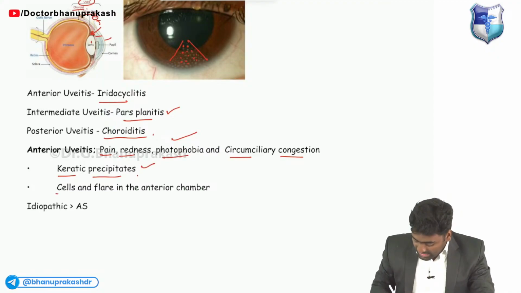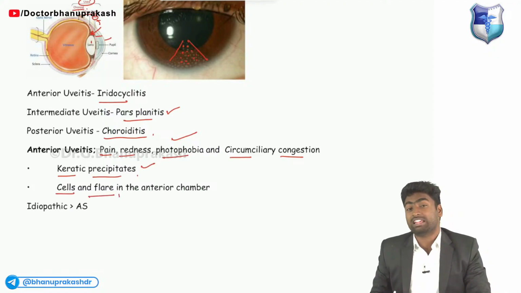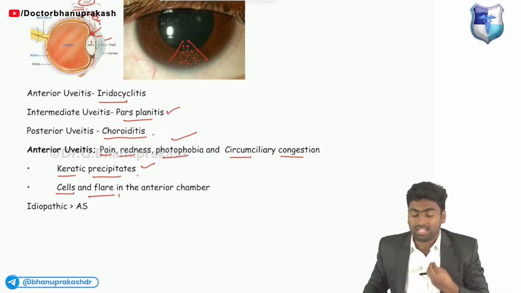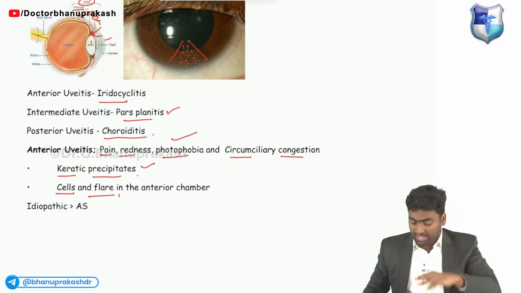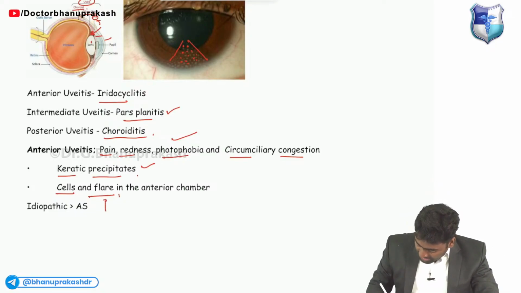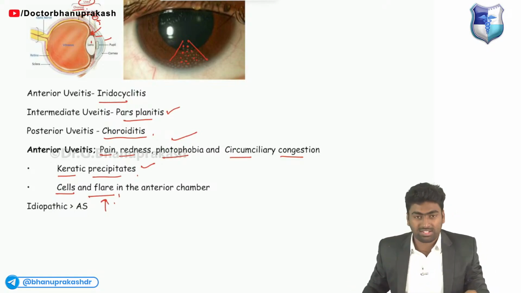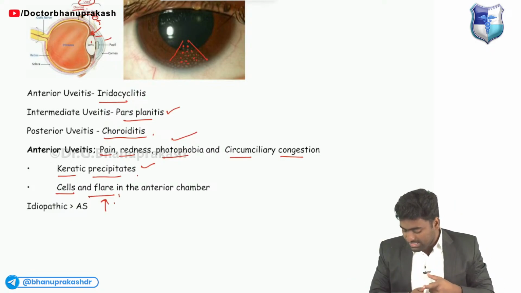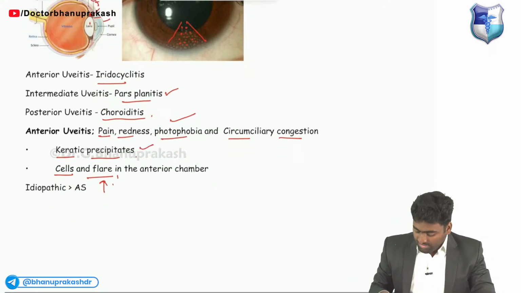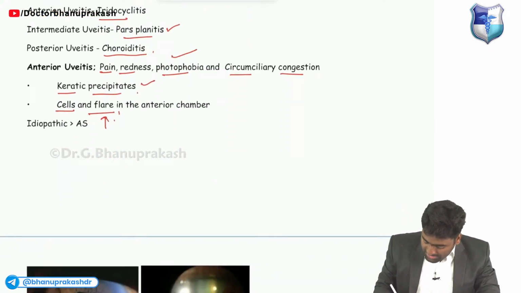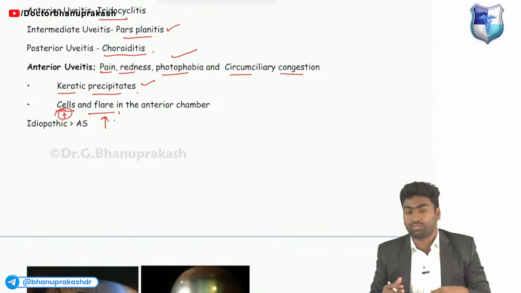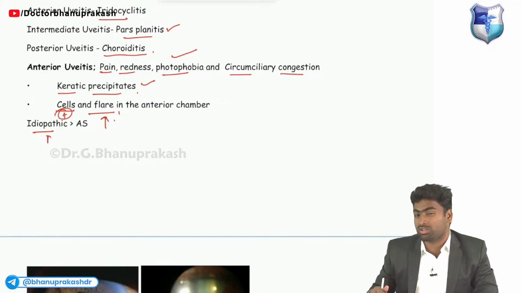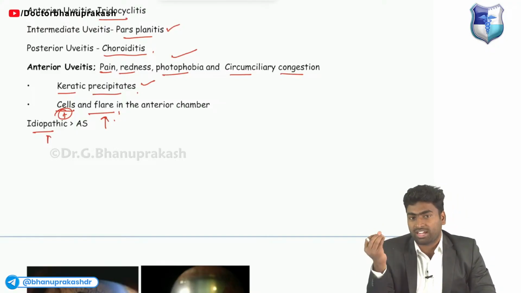There will also be cells, and when the cells are present in the anterior chamber, they reflect light, causing flare. So in anterior uveitis you will see keratic precipitates, cells and flare. The most significant one is the presence of cells, whereas the earliest sign is flare. The most common cause of anterior uveitis is idiopathic, followed by ankylosing spondylitis.